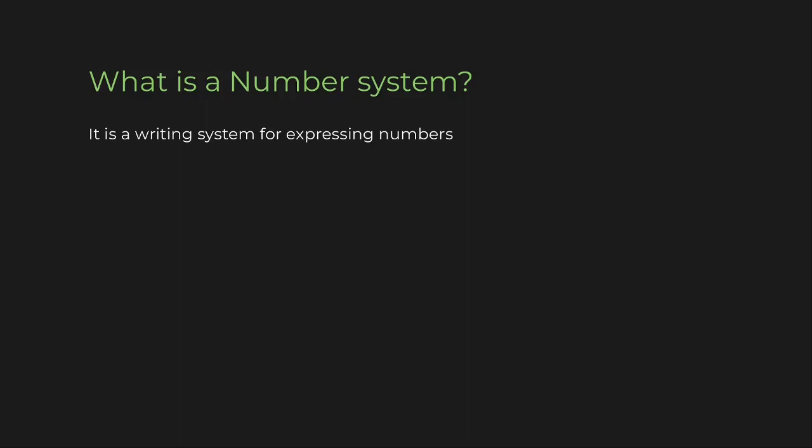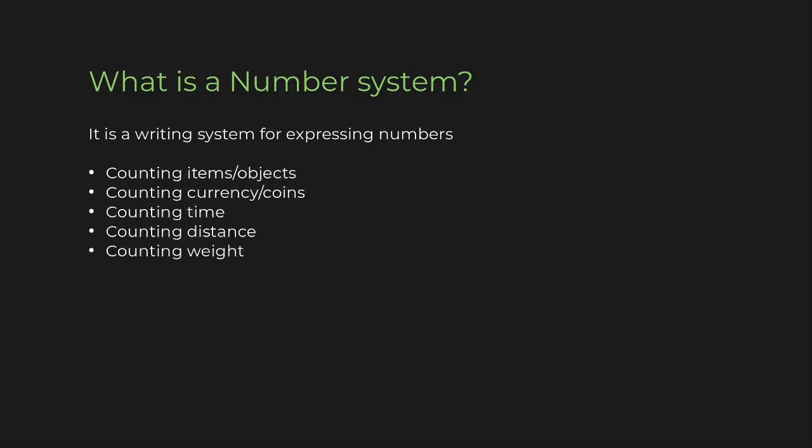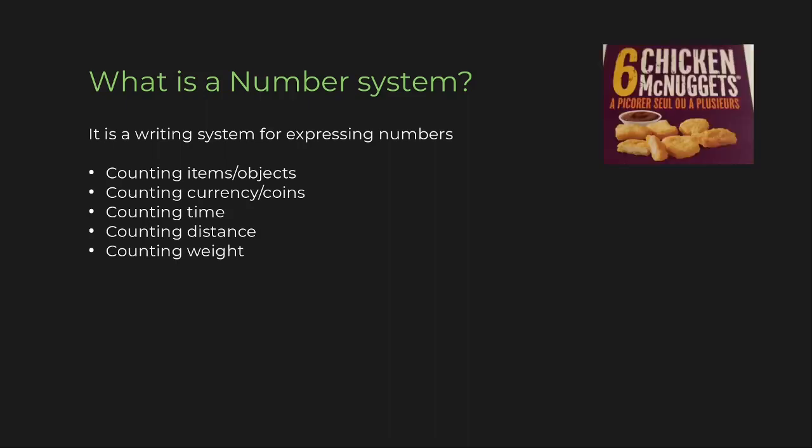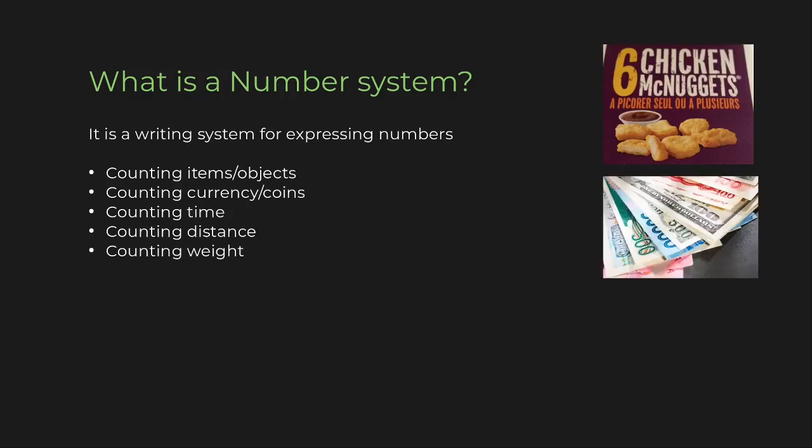So let's see. In our day-to-day life, we see numbers everywhere. We use numbers to count items, different objects, or to count currency, time, distance, weight. So in this example, 6 refers to the number of items here, and in case of currency, the same number represents the value or denomination of that currency.